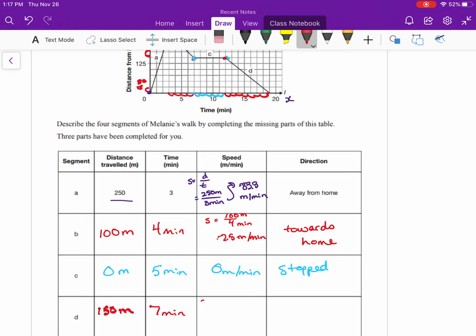So if we're doing distance divided by time, we're going to do 150 meters divided by 7 minutes, which gives about 21.4 meters per minute. And again, she's walking towards home.